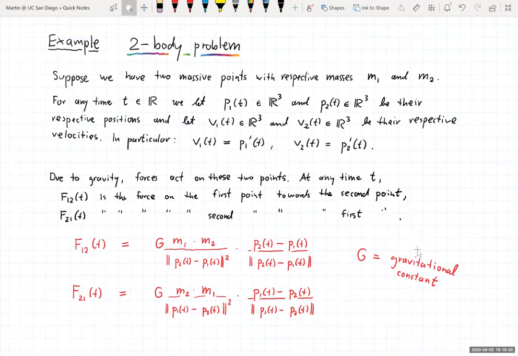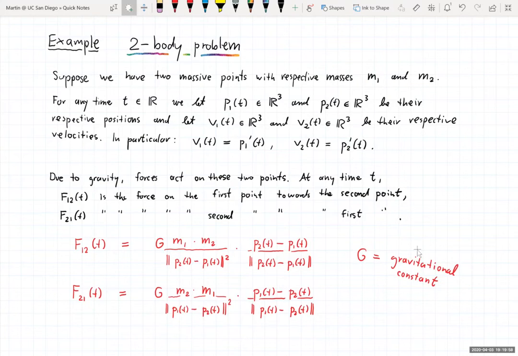As you remember from physics, the velocity is a derivative of the position. And that is also true for the velocity vectors. So let us just state that v1 of t is a derivative of p1 of t, and v2 of t is a derivative of p2 of t. Due to gravity, there are forces acting on these two points. And of course, the forces also vary over time, depending on how the particles move.